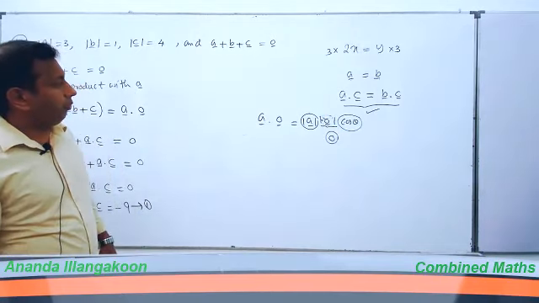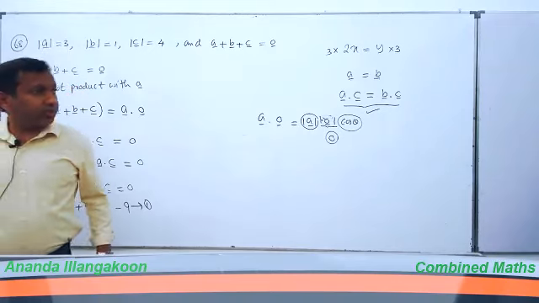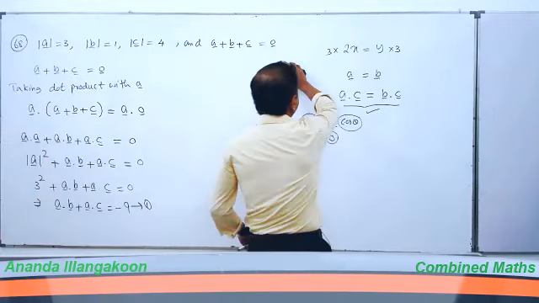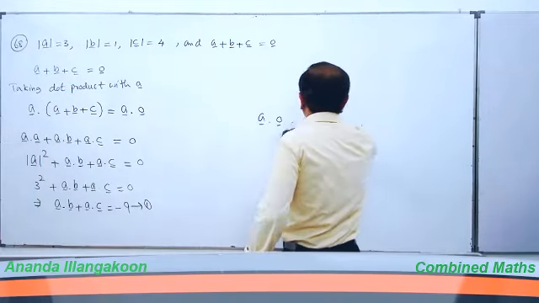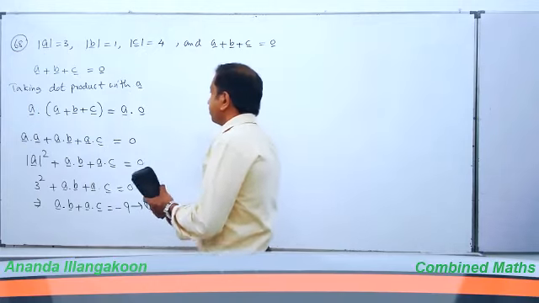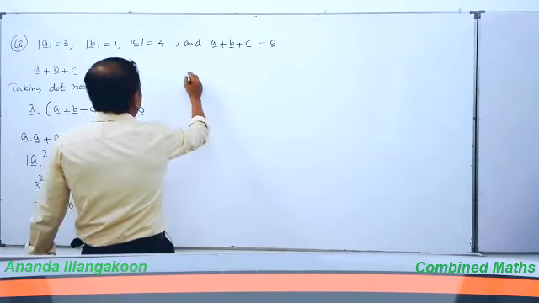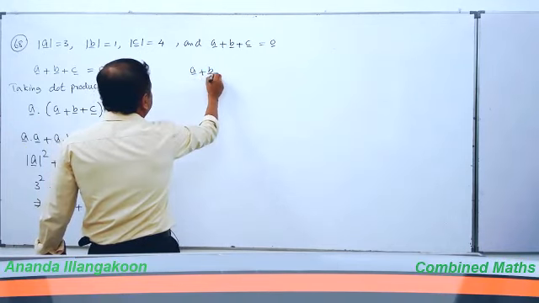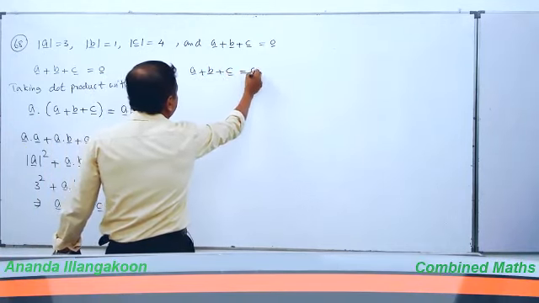Right, now we'll take the second one, taking the dot product with B. A plus B plus C is equal to the null vector.